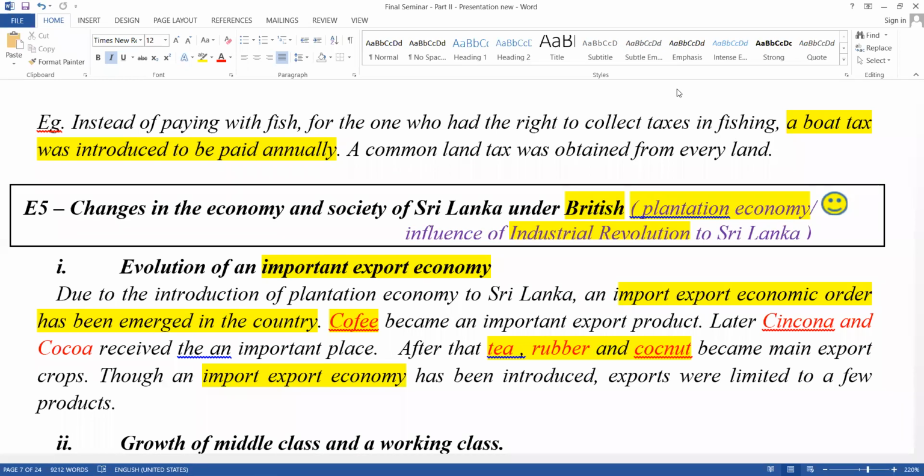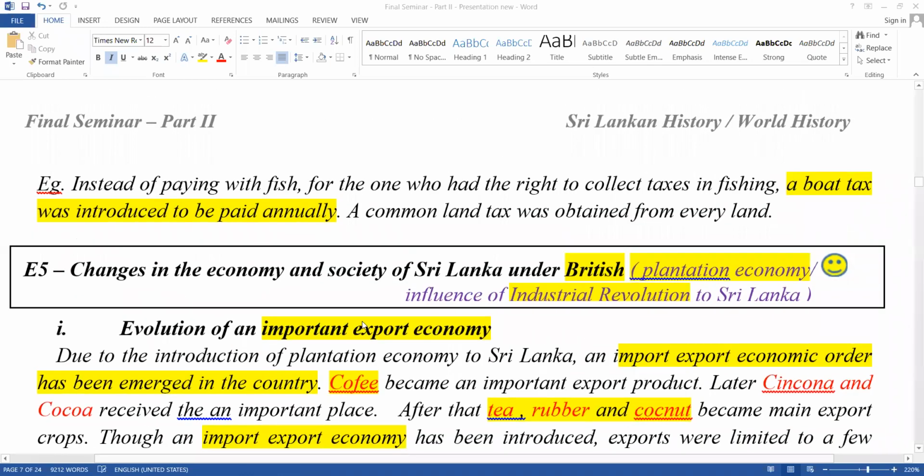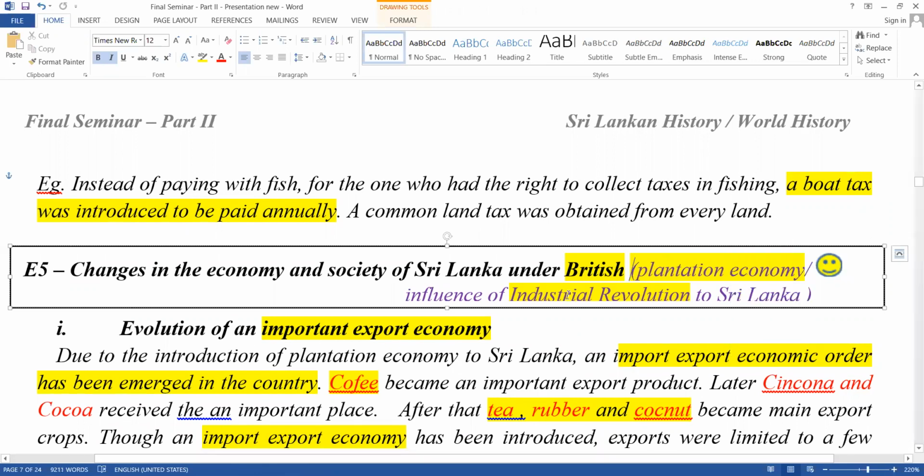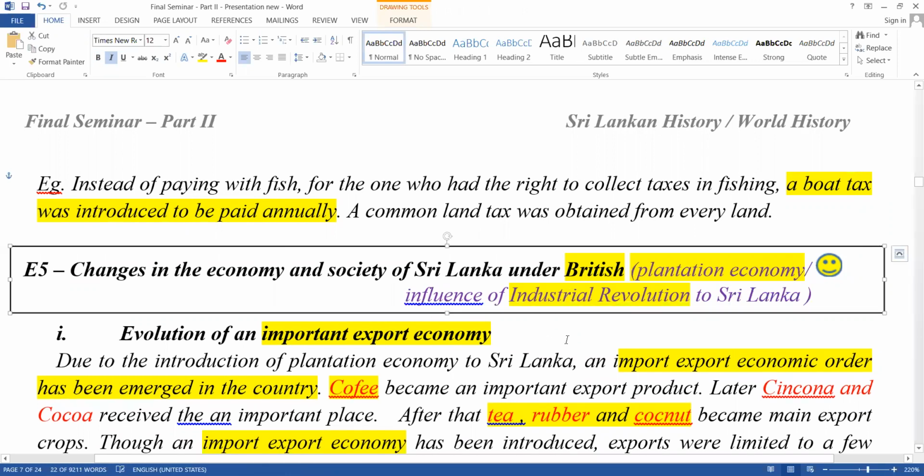So the same answer, because of the Renaissance, is good. So that means this answer can be given: changes in the economy and society of Sri Lanka under the British, under the plantation economy, the influence of the industrial revolution, because the industrial revolution came to Sri Lanka because of the British. Before that, there was no industrialization in Sri Lanka. So I think you got it. The same answer you can write for all these 3 questions. The question can be given in 3 forms, but the same answer.